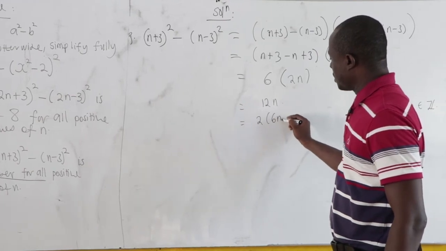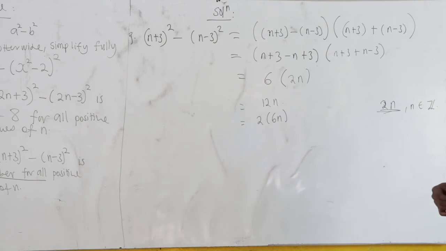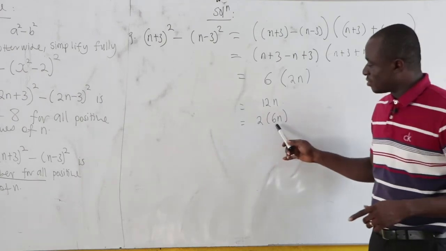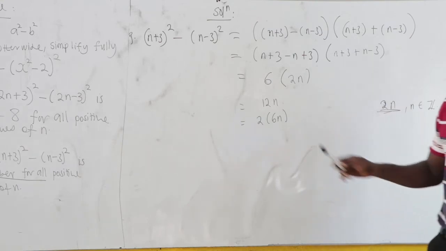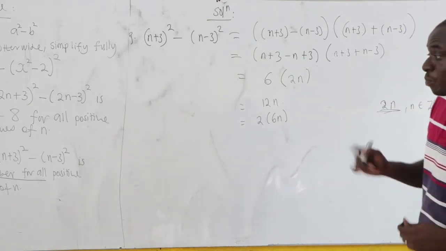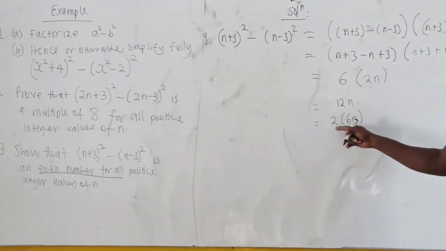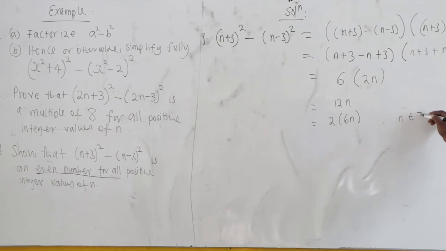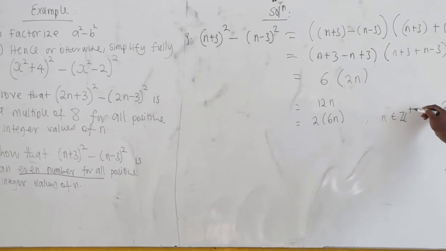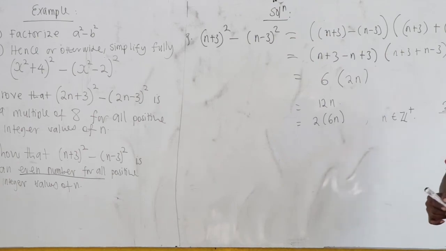We have 2 times 6n. And clearly, we have expressed that this is an even number, any number that is multiplied by 2. So we can express it as this, where n is a member of Z plus, and this is an even integer.